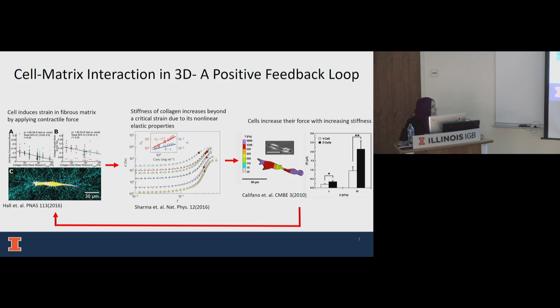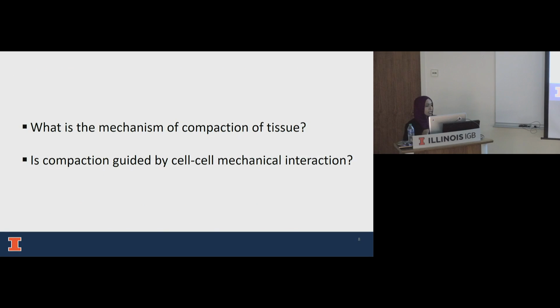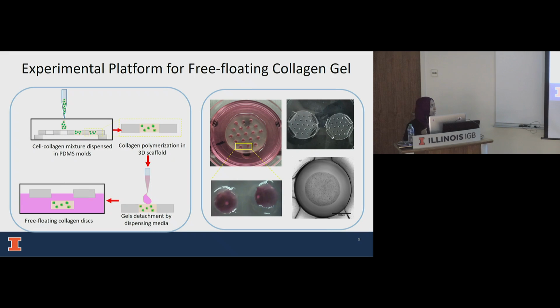From all of this, I think the main question for my research is what is the mechanism of the compaction of tissues, and also is compaction guided by cell-cell mechanical interaction. To study this, we have developed a simple 3D PDMS-based platform where we have a PDMS scaffold where we dispense a cell-ECM mixture.